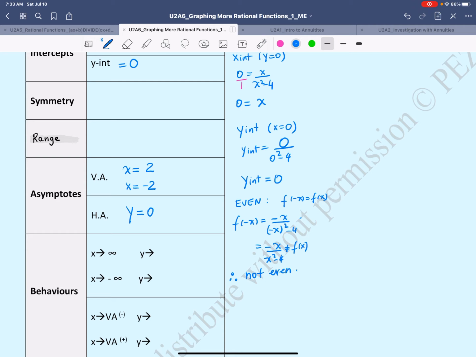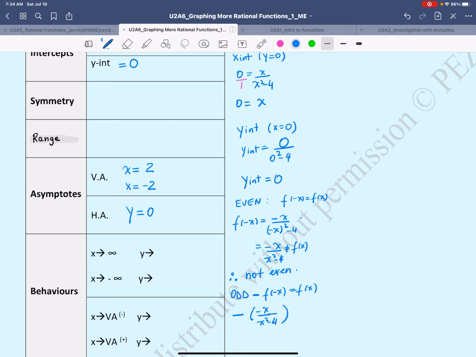So once we're done with even symmetry, we check for odd symmetry. Now for odd symmetry, we have to check and see if the opposite of f of negative x equals f of x. So what we do in this case is we grab this equation, which is f of negative x, and we give it a negative sign. So we're going to have negative of negative x over x squared minus 4.